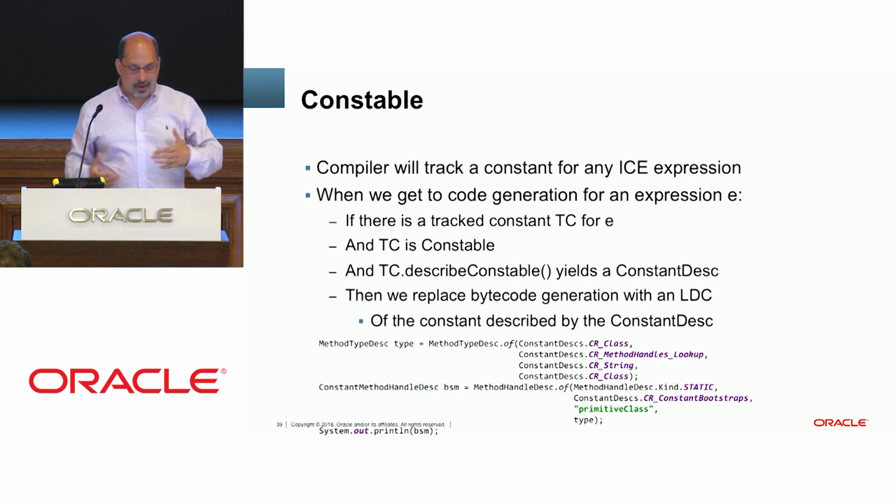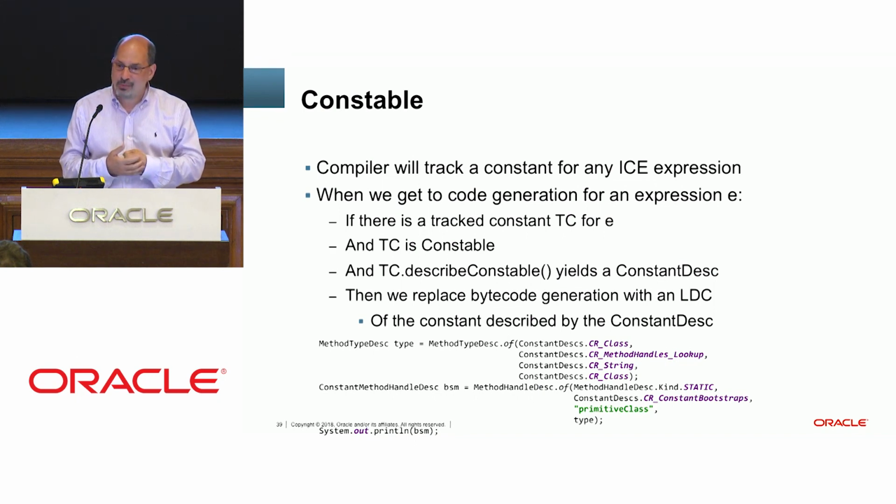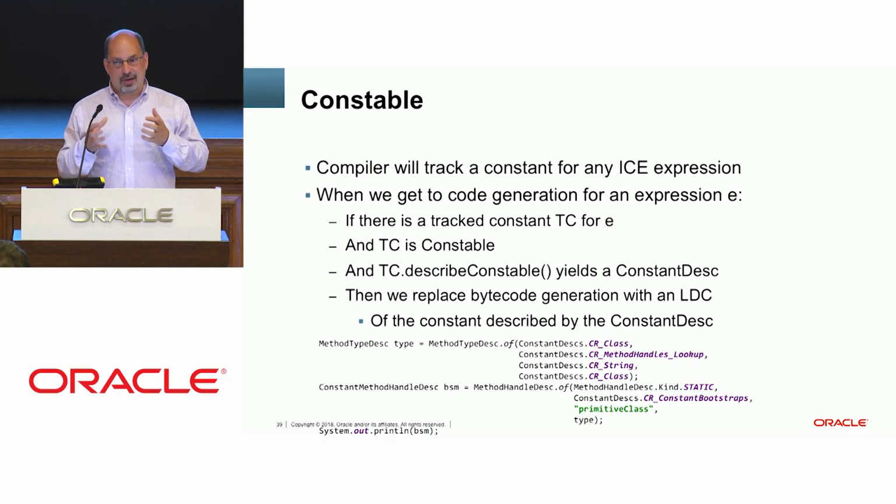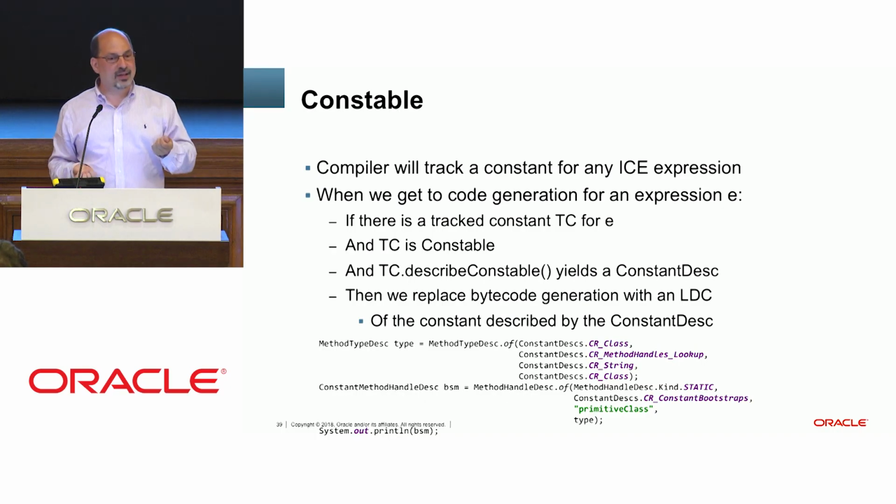And so the compiler will track constants for all of these intrinsifiable constant expressions. And when we get to code generation time, this is sort of the last trick we had to teach the compiler, when we get to a node for an expression and that expression has a tracked constant, we then look at that constant and say, oh, do you implement constable? All right, try describing yourself.